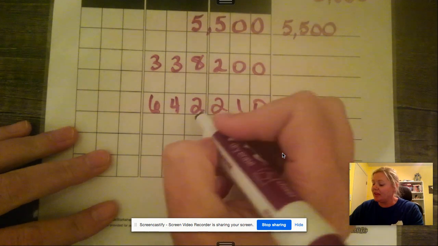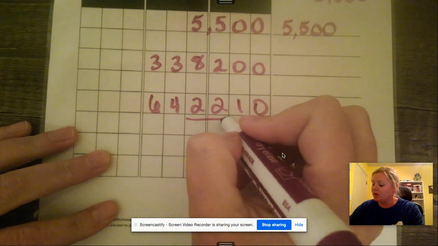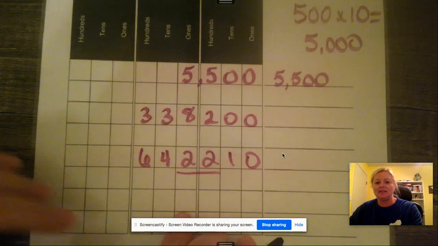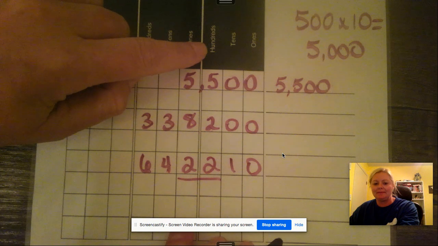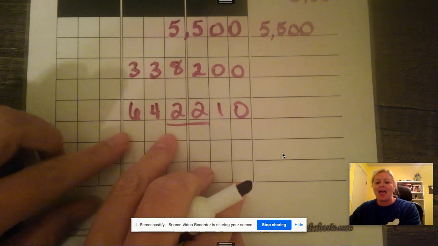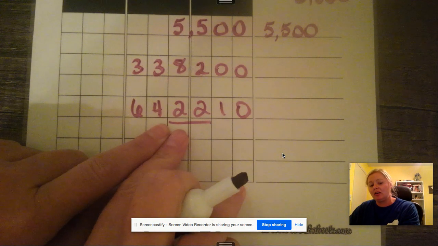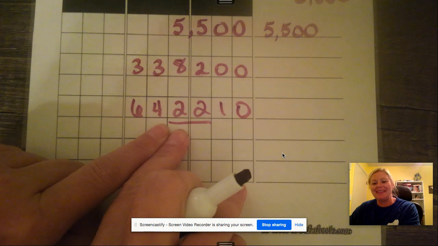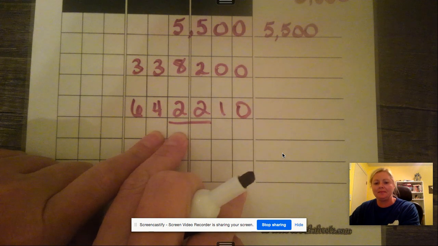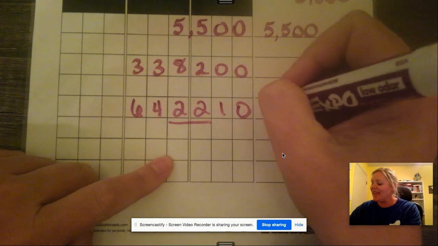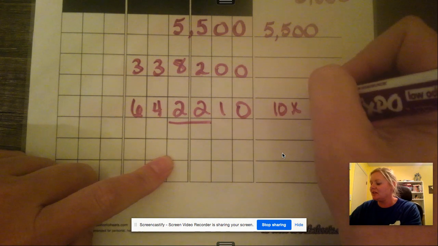I'm going to look at the twos in the thousands place and in the hundreds place. How much greater is the 2 in the thousands place than the 2 in the hundreds place? It is 10 times greater.